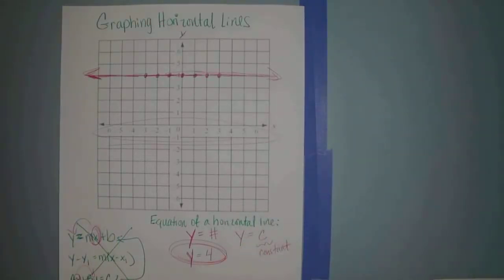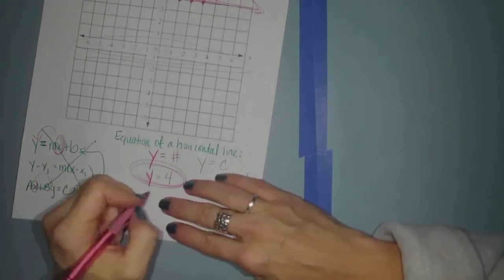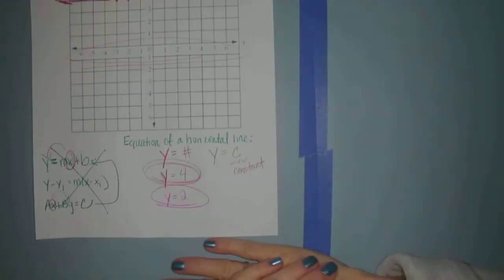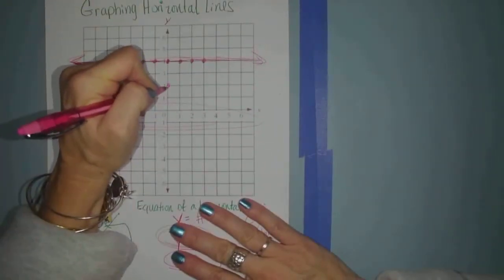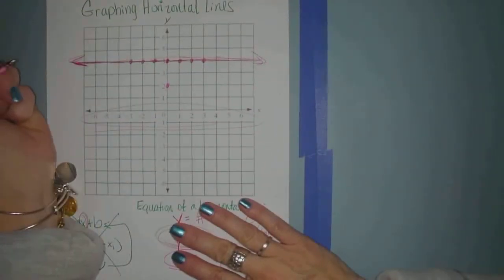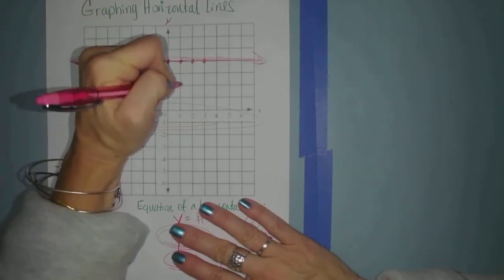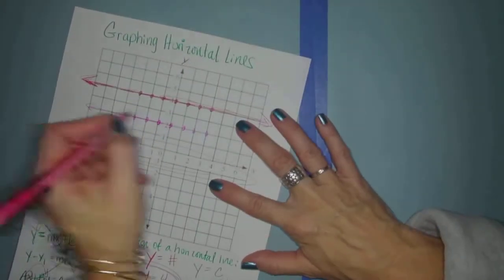Now, you can do this anywhere. You could do y = 2. If I say graph y = 2, okay, well, where's that? Boom, right there. y = 2, up the y-axis. But this is y = 2, and 2, and 2, 2, 2. So there's the horizontal line, y = 2.